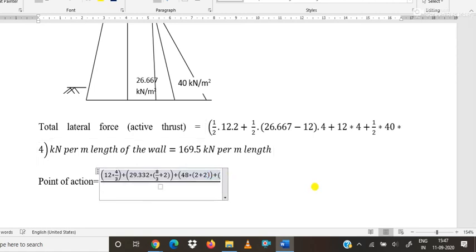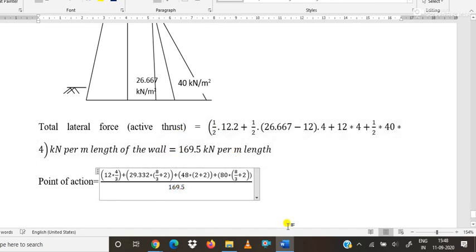The area of the last triangle is 80 multiplied by the CG distance, same as the earlier triangle, 2/3 of 4 plus 2, divided by the total area, that is 169.5.